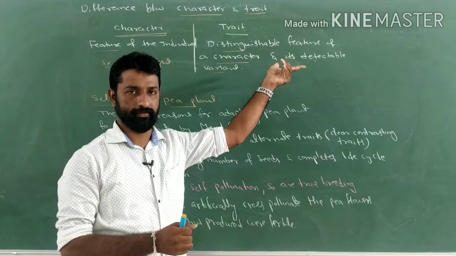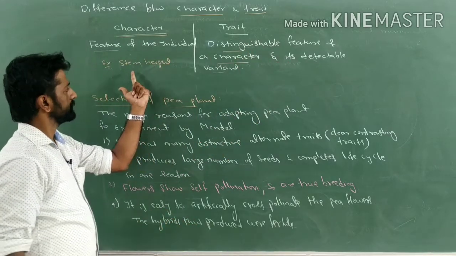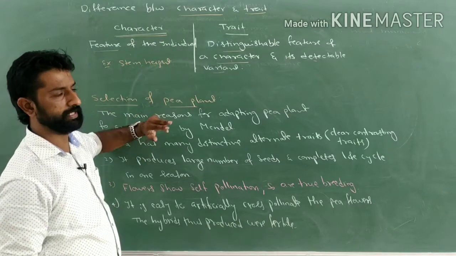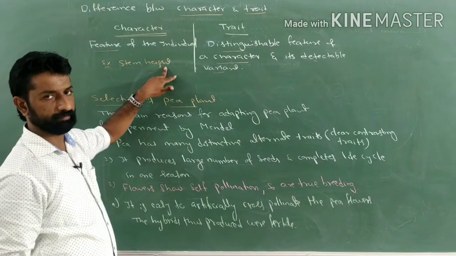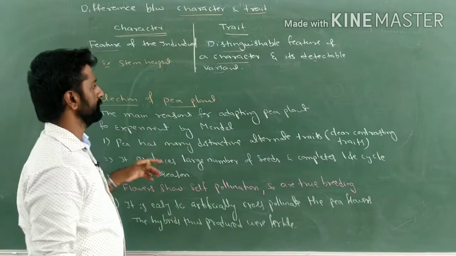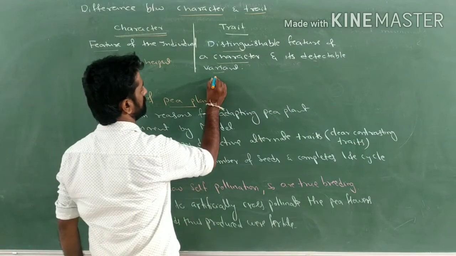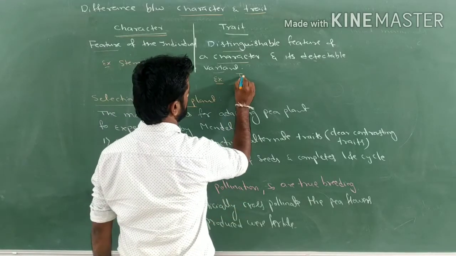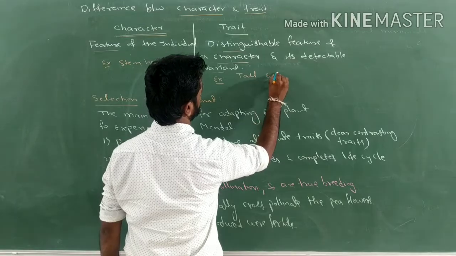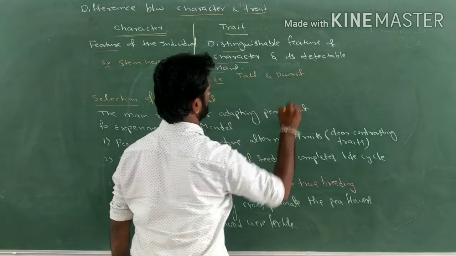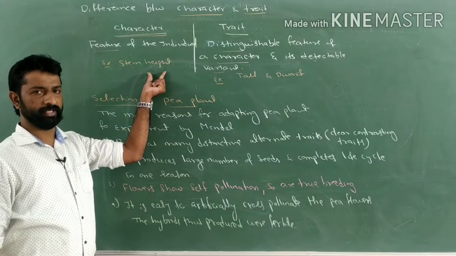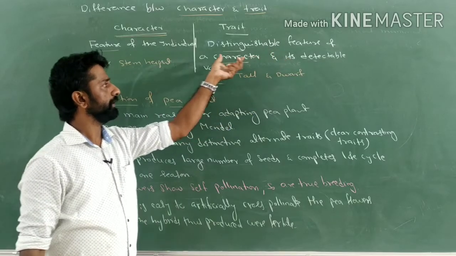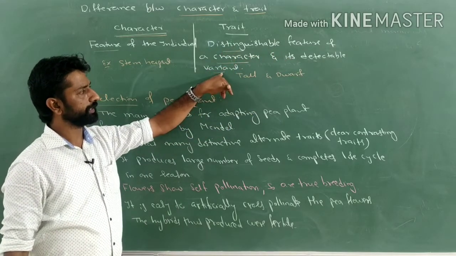Let us understand this with the help of an example. Same stem height is the example right here. Its alternate variants or detectable variants are called traits. For example, stem height has two detectable variants, that is tall and dwarf. So here height of the stem is considered a character. Trait means a distinguishable feature of a character and its detectable variant.